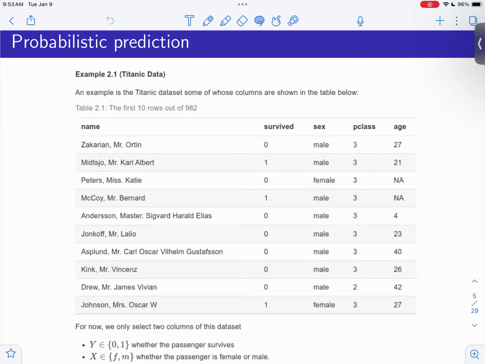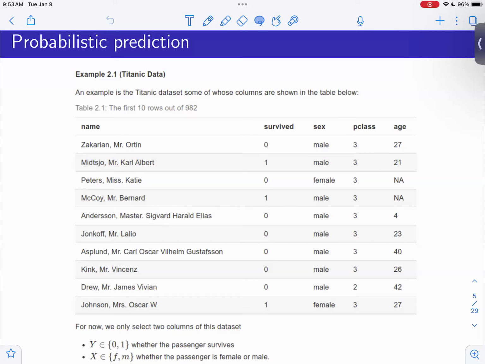Let's say I want to predict whether someone survives. So this would be our Y, the target, and then I have these other covariates or features to predict with. I'm going to start with something very simple. We're going to focus on binary classification first.